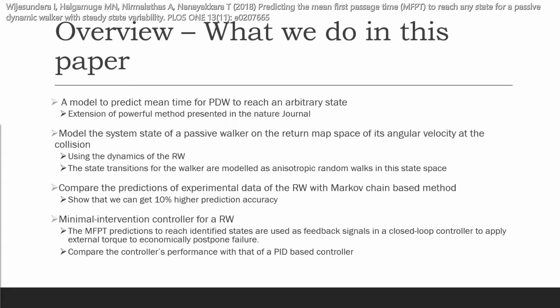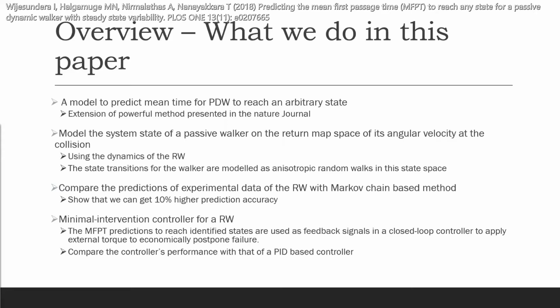And then we model the system state of a passive walker on the return map space of its angular velocity at collision. To describe this, we use the dynamics of a rimless wheel, and we show that the state transitions for the walker can be modeled as anisotropic random walks in the state space.